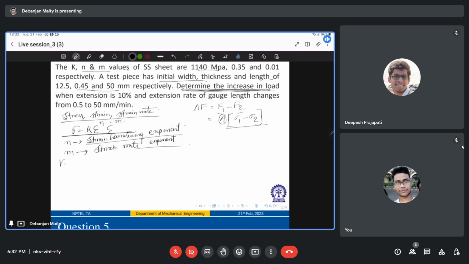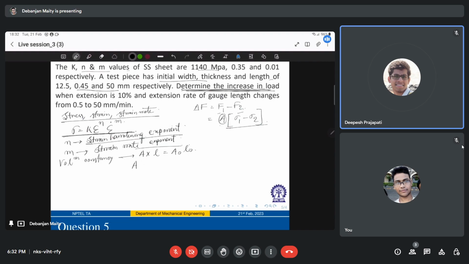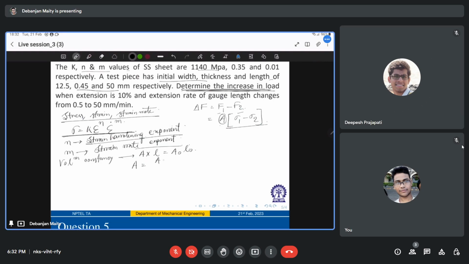from volume constancy, what can we say? Area into length is equal to original area into original length, right? Now, you can find out the area from here, A naught L naught by L, right?